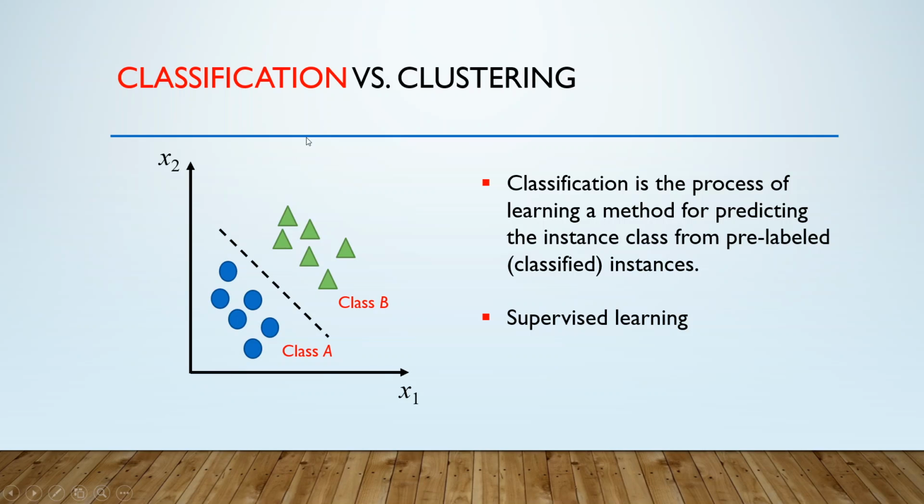You already know that this particular instance value belongs to class A, this one belongs to class A, and this one belongs to class B. That is, the pre-labeled class information is already known to you. It is a kind of supervised learning, that is, there will be supervision, and prior knowledge is given to you. This is the classification process.